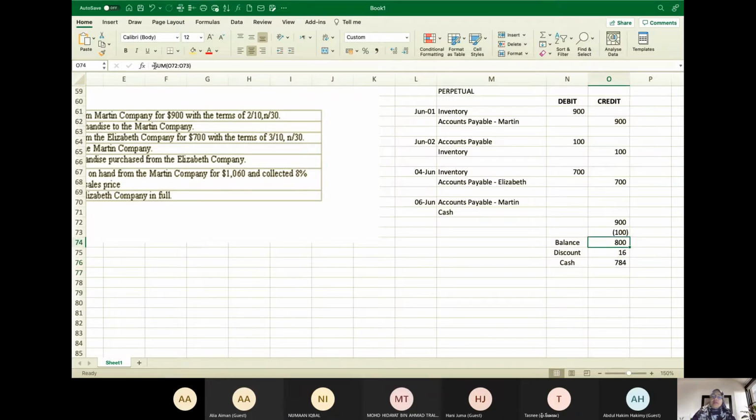Instead of paying the full 800, because I pay within the discount period, I only have to pay 784. That 784 is my payment.